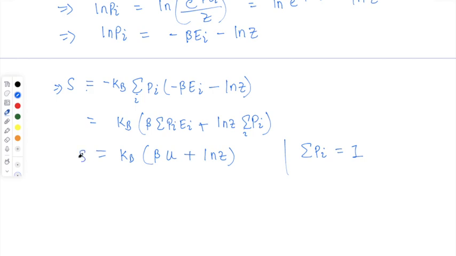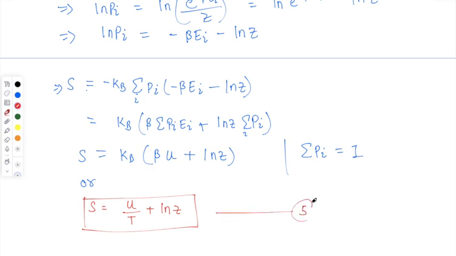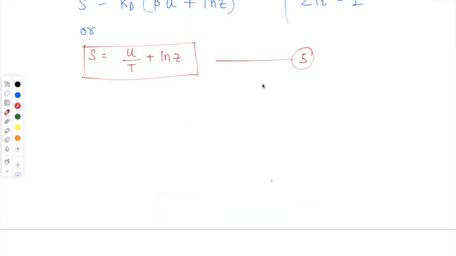So we can write S equals U by T plus kB ln Z. So equation 5 is important. Now there is a mistake here: it will be kB.